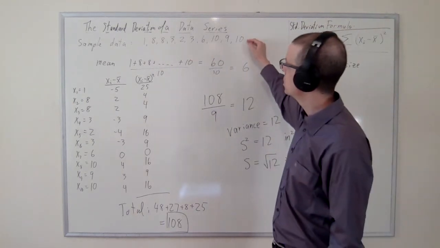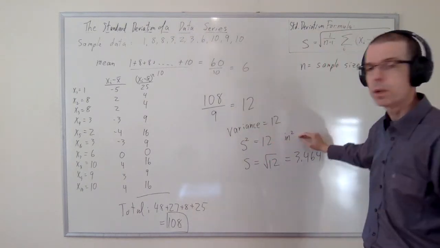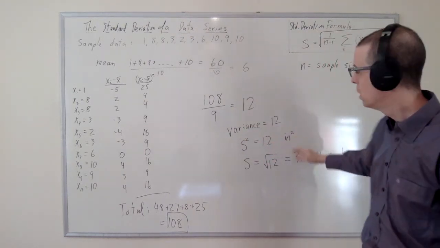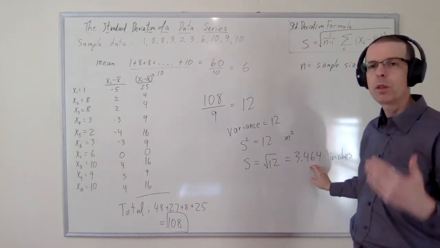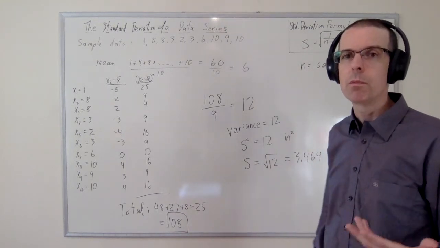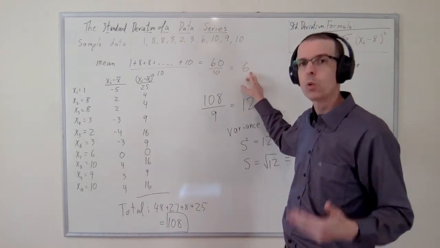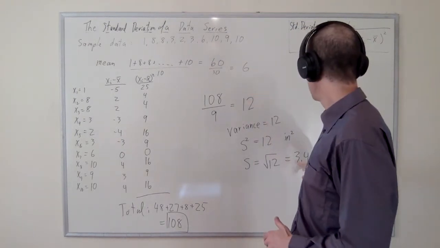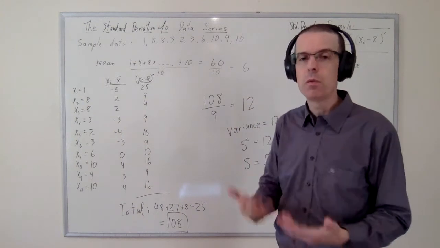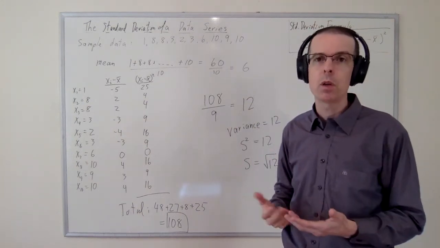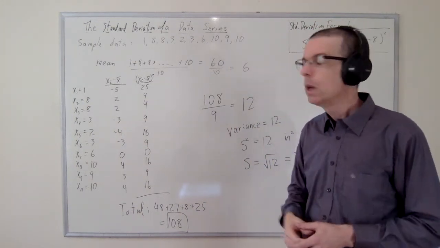If these are ages in years, then the variance will be in square years. I have no idea what it means, but the standard deviation will be 3.5 years, and it really will mean the right thing. It will mean that the children are 6 years old on average, but they tend to vary about 3.5 years older or younger than that.